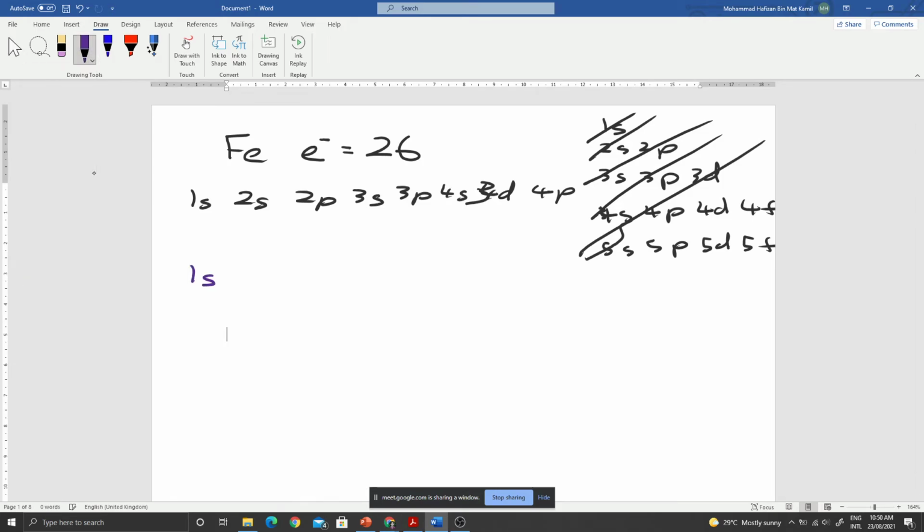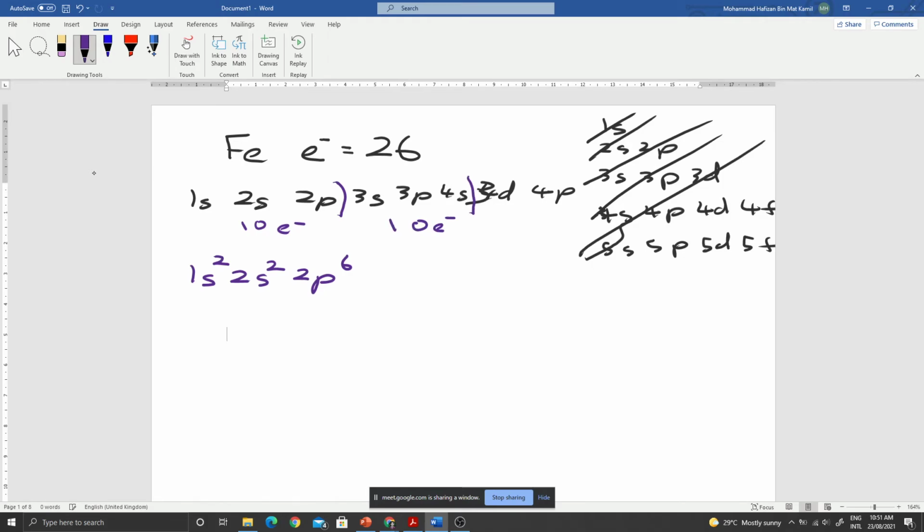So 1S kita isi dulu sebab S maksimum dia 2. So kita isilah sampai maksimum 2. And then 2S, S maksimum dia 2, kita isi 2. 2P maksimum dia 6, isi 6. So as general rule, up to here we have 10 electrons. Okay, up to here we have another 10 electrons.